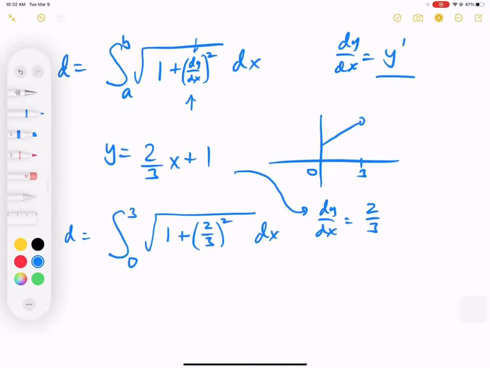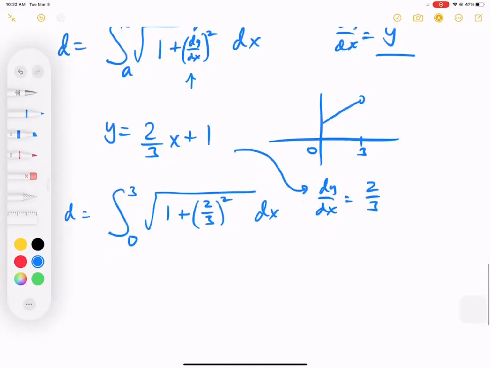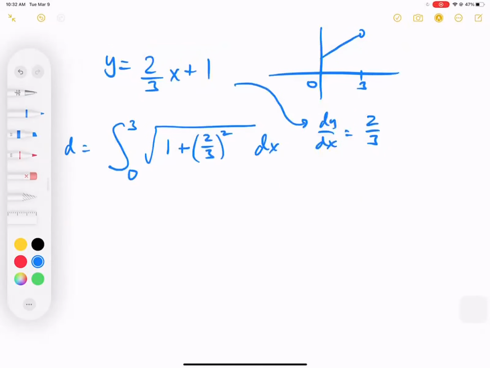For this problem, we can use a calculator, but it's pretty constant. So it's 1 plus 4 over 9. That's 9 over 9, that common denominator, plus 4 over 9 is 13 over 9. That's a constant. So we have the square root of 13 over 9, integral between 0 and 3. I can take the square root of this.